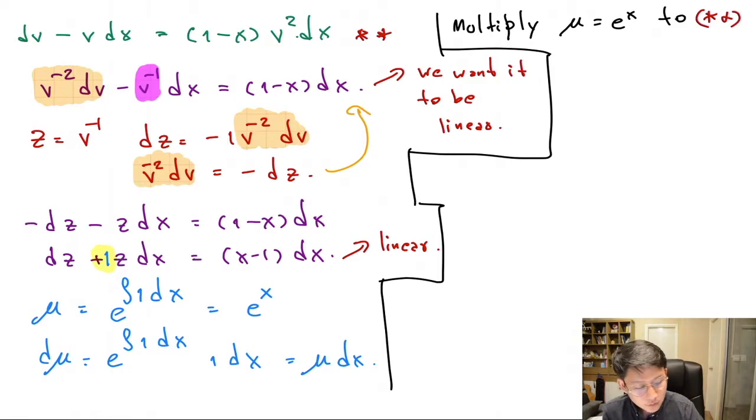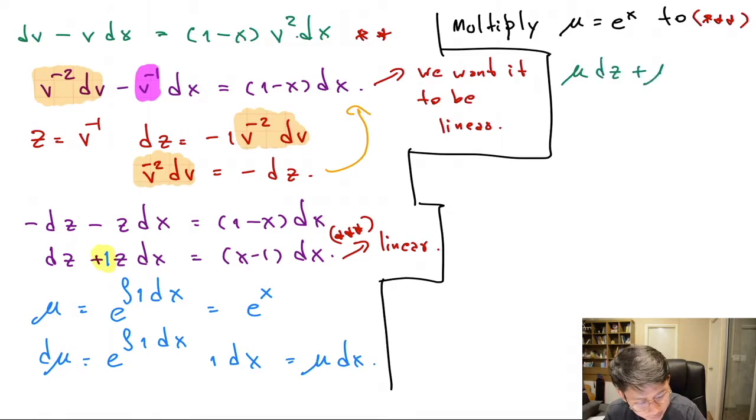Sorry, I'll multiply it not to that equation, but to this triple star equation, which is the equation when it becomes linear already. So it's mu dz plus mu z dx equals mu times x minus 1 dx.